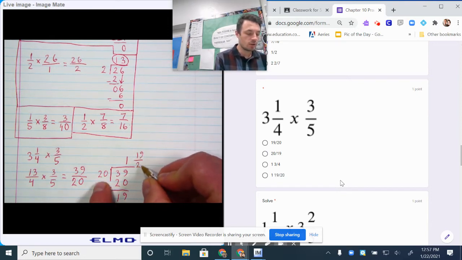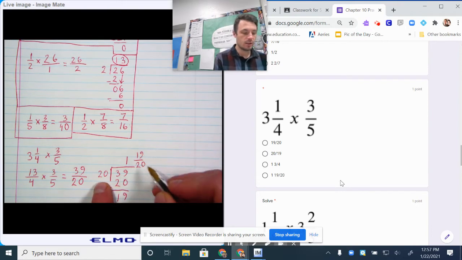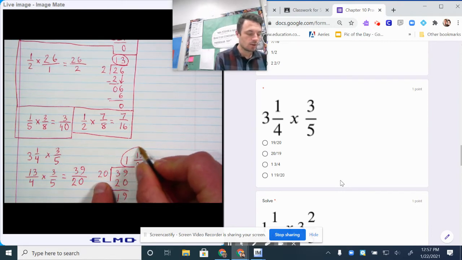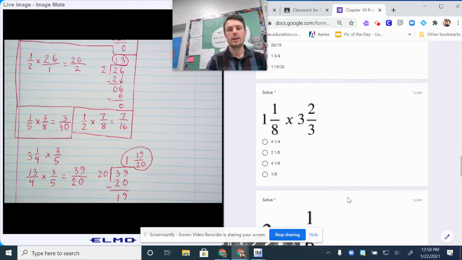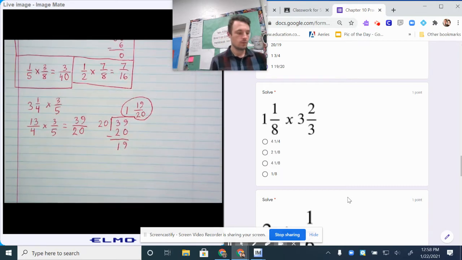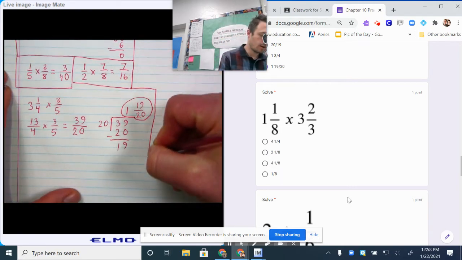The divisor is your denominator. 19/20 is already in simplest form, so the answer is 1 19/20. That's what we have right here, 1 19/20. Next, 1 1/8 times 3 2/3. Let's box off the work we did right here.